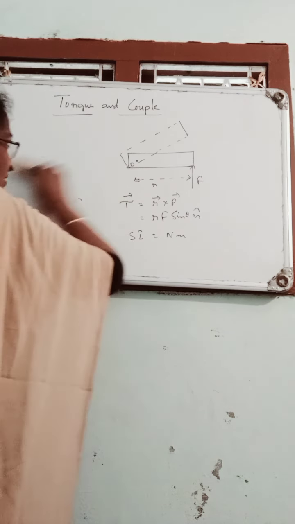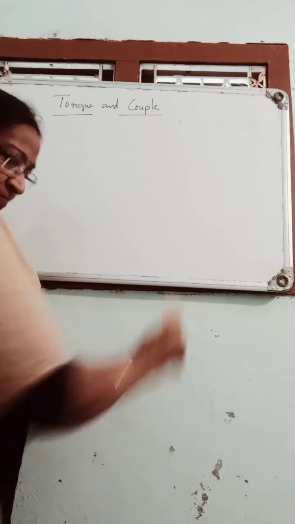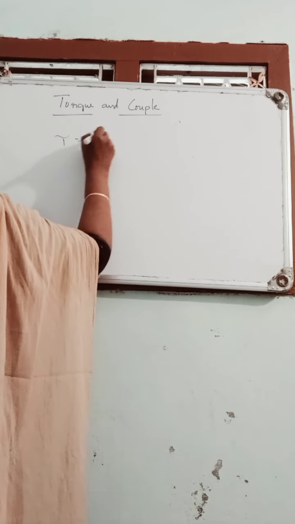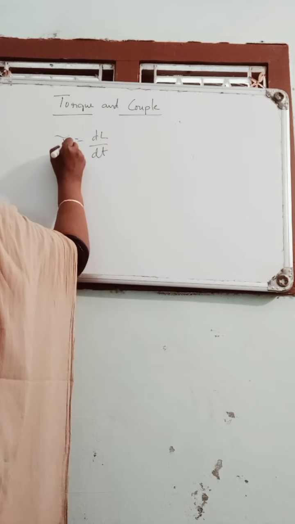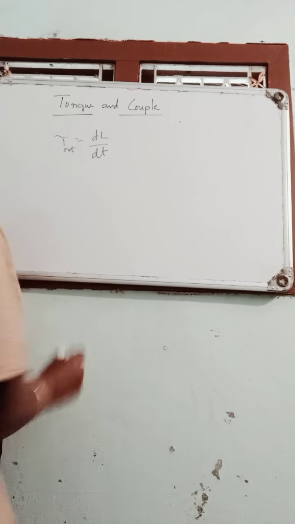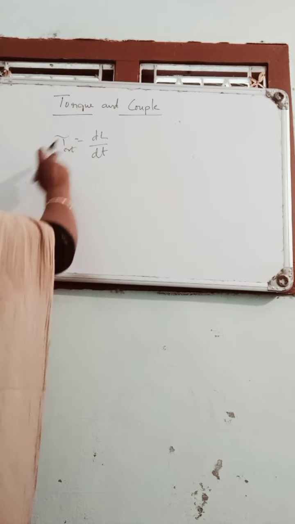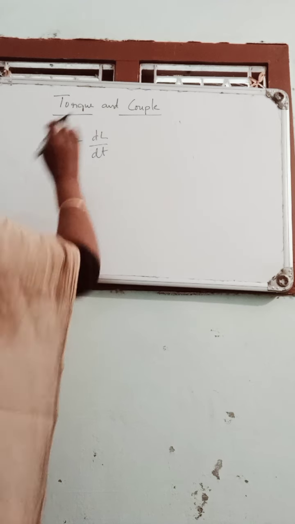How to write? Torque can also be written as torque tau is the rate of change of angular momentum, which is also equal to external torque. If any rigid body experiences external torque, the magnitude of that external torque should be equal to the rate of change of angular momentum.